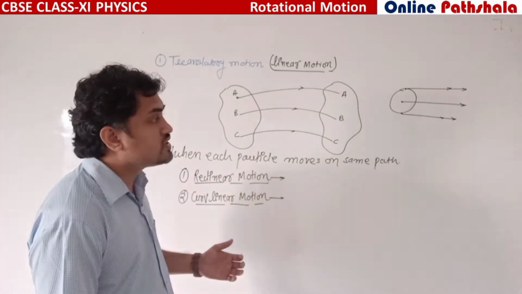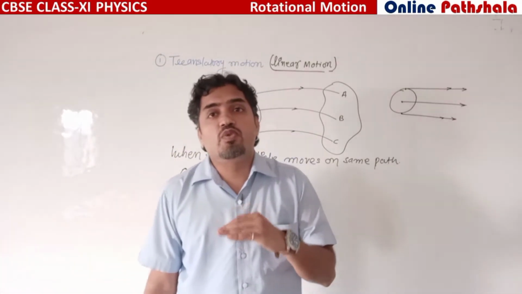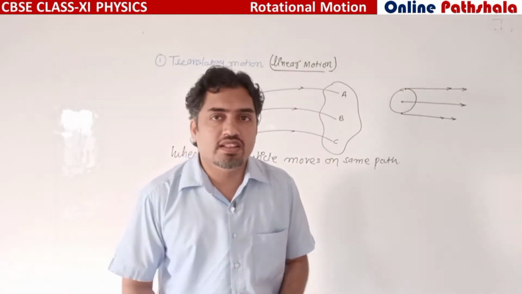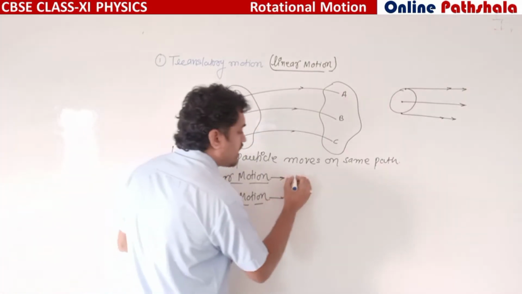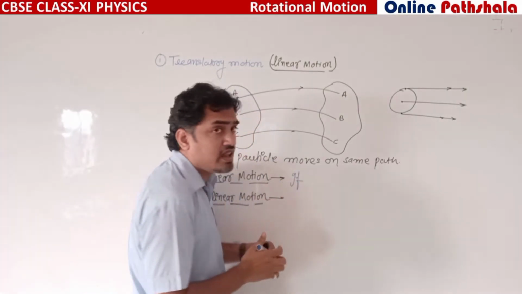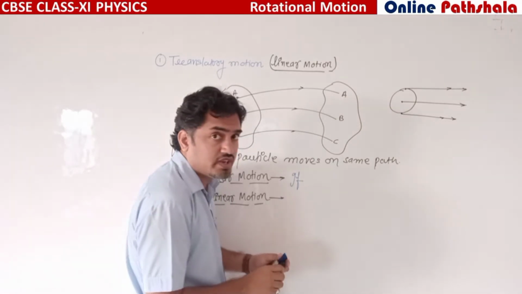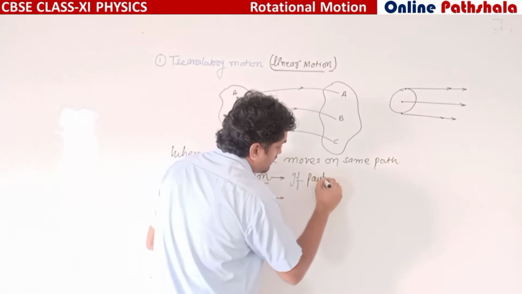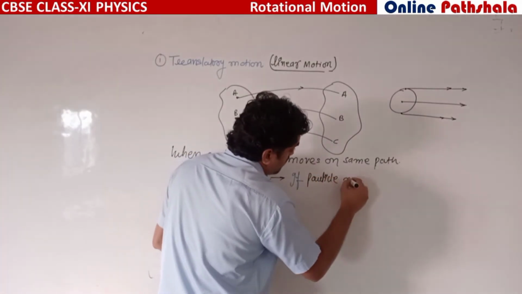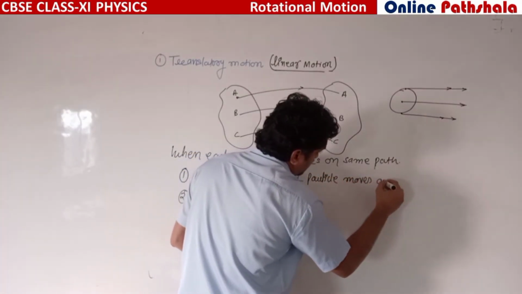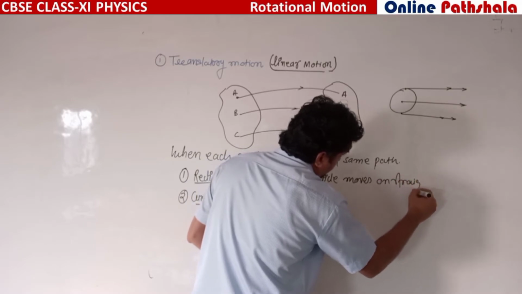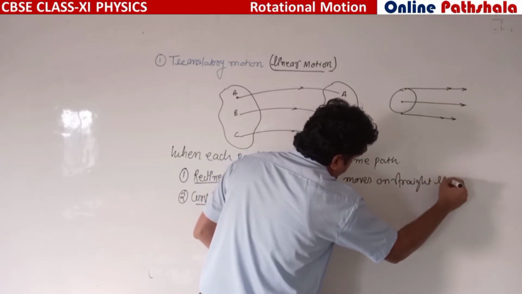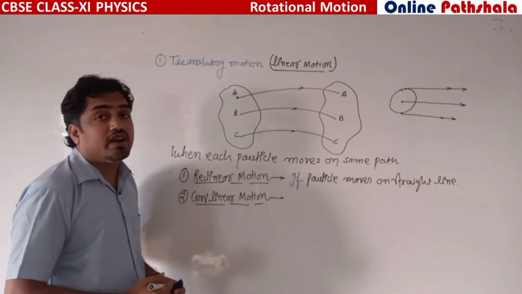In rectilinear motion, if a particle, body, or any object moves on a straight line, it is called rectilinear motion.